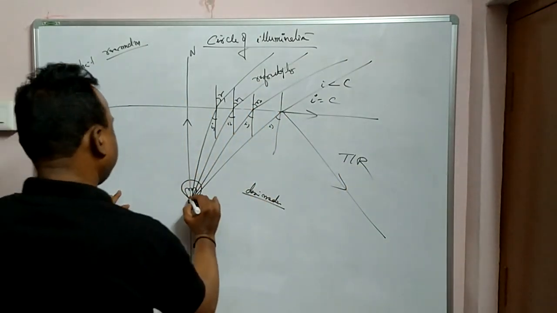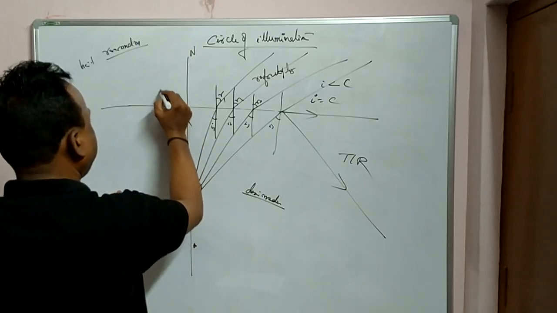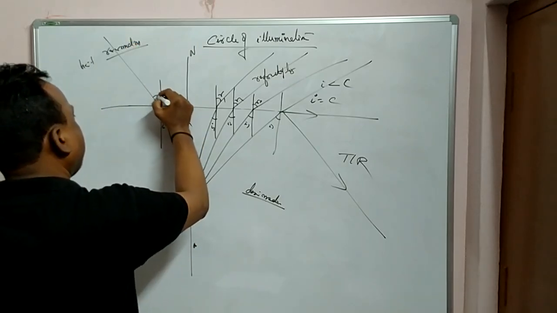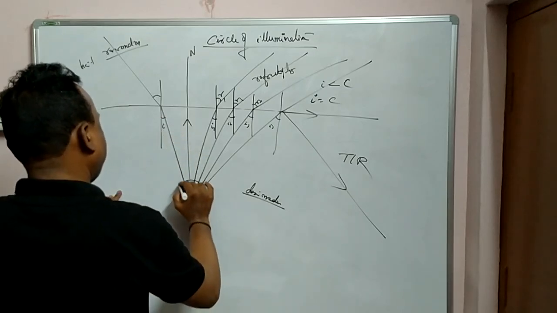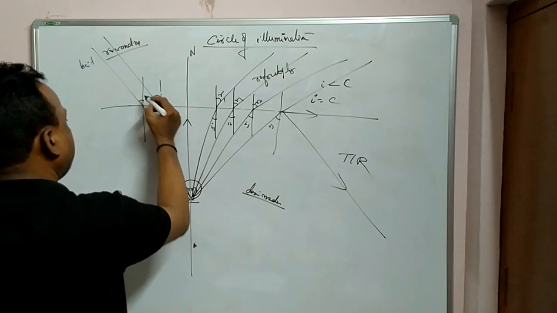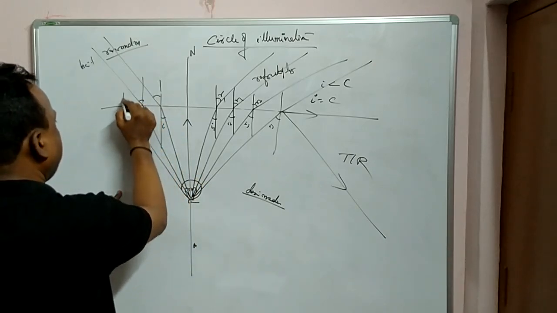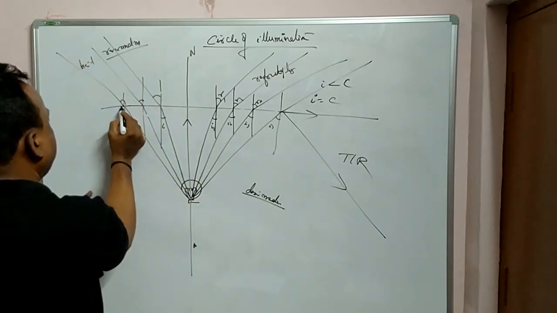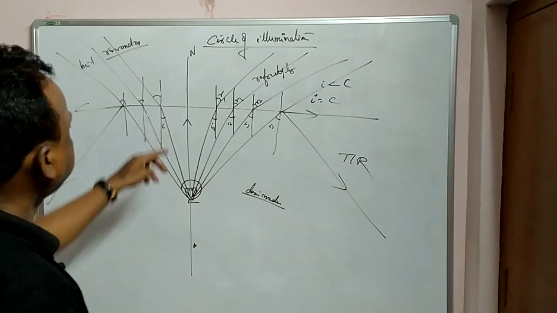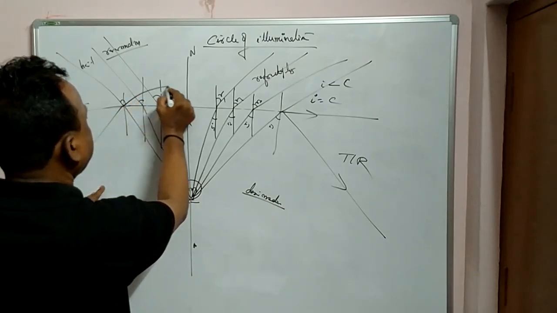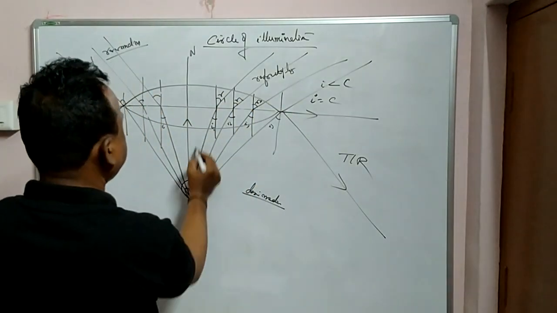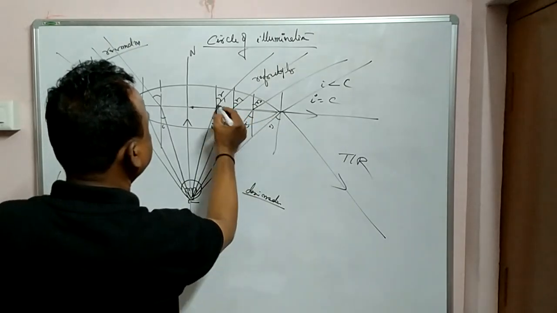In the same way, you can see here, this is a normal, angle of incidence, refracting. Same way, normal, refracting, and grazing at a particular instance. Finally, again it reflects. So if you observe carefully, this is the circle of illumination, and this is the radius.